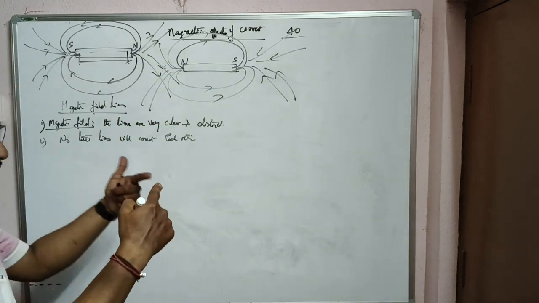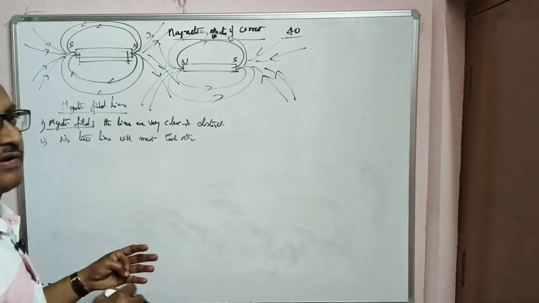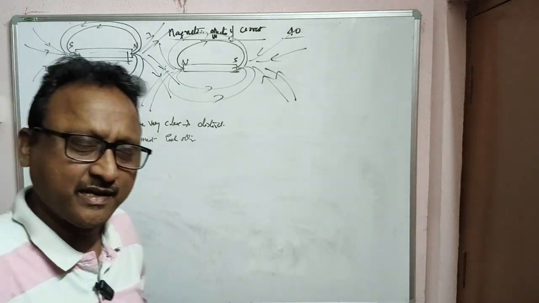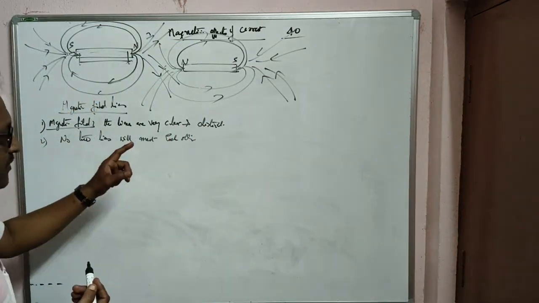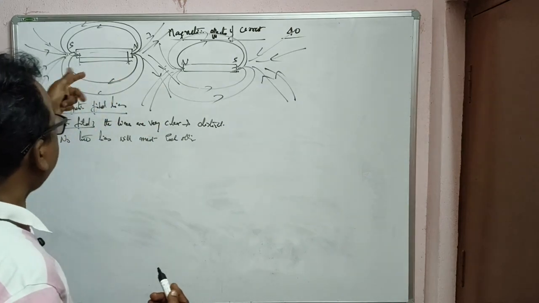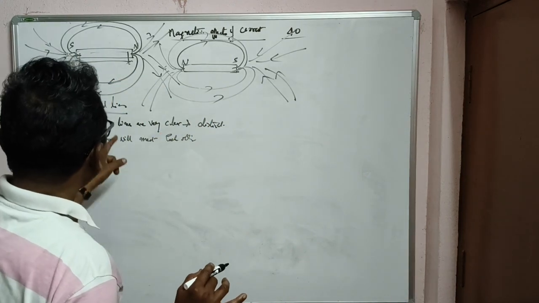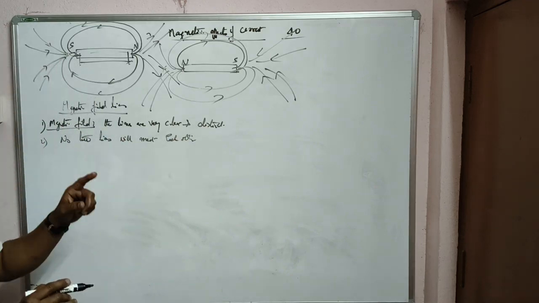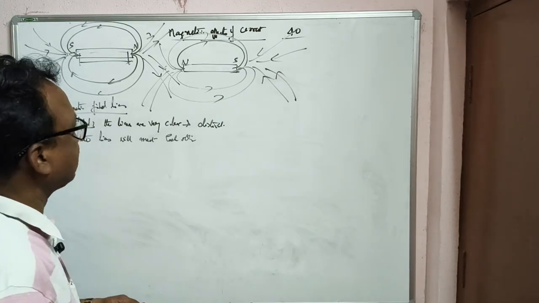You can see no two lines will overlap, because if they overlap, the resultant will be in two different directions. That you will study in higher classes, 11th and 12th, using vectors. So that is why no two lines will intersect.